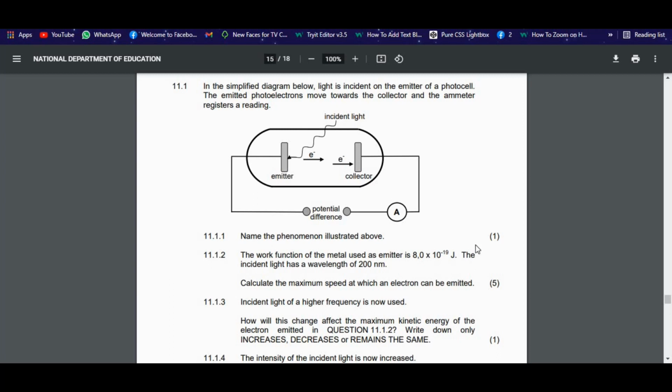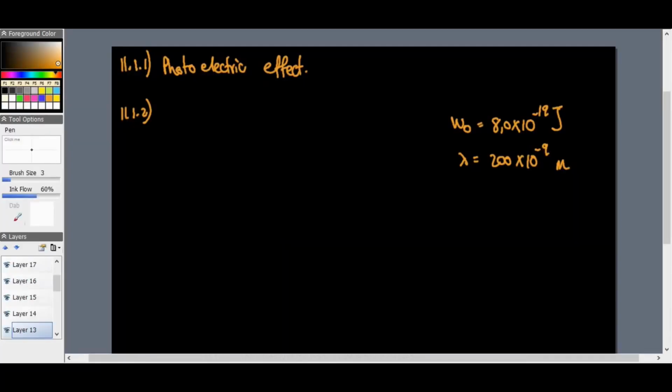And calculate the maximum speed, sorry, let me read that question again, I mixed up my words. Calculate the maximum speed at which an electron can be emitted. This is going to bring in the formula E is equal to W0, which is the work function, plus EK max, or just EK.